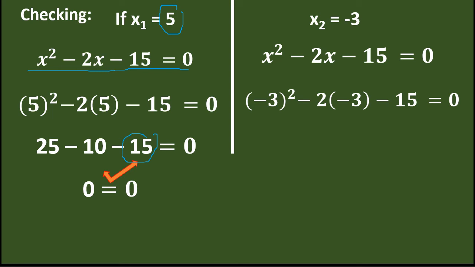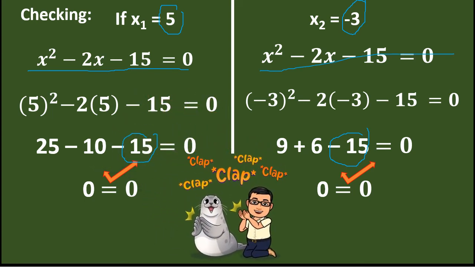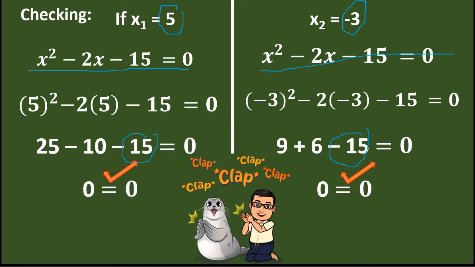Negative 2 times negative 3, we have positive 6, bring down negative 15. After that, add 9 plus 6, that is 15, minus 15, our answer is 0. So 0 equals 0. Therefore, negative 3 is a solution to the quadratic equation x squared minus 2x minus 15 equals 0.